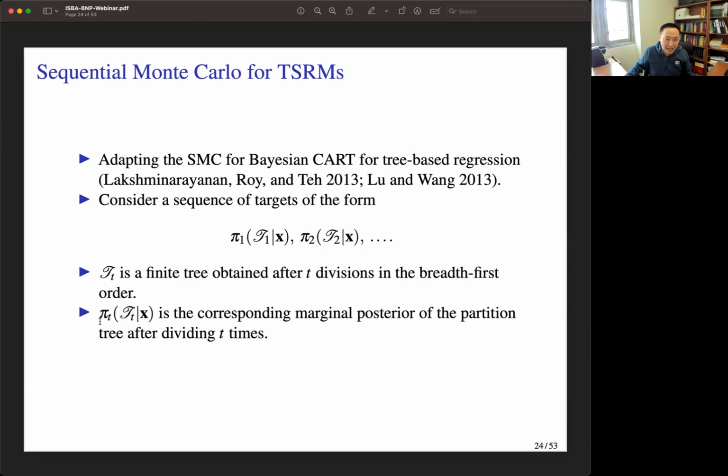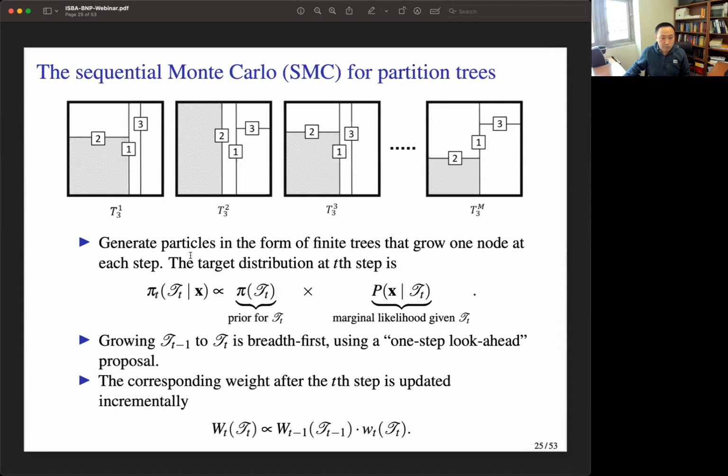This is of course not the actual prior that we use, which does not terminate at level T, but you can use it to build a sequence of targets that approximates the eventual goal of the tree posterior that we want to sample from.